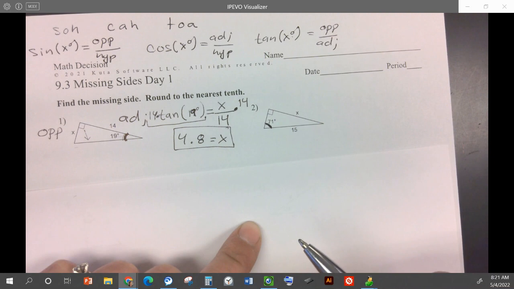All right, if you want to, go ahead and check with the neighbors, see if they got the same labels. Did you get the same labels for X and 15?